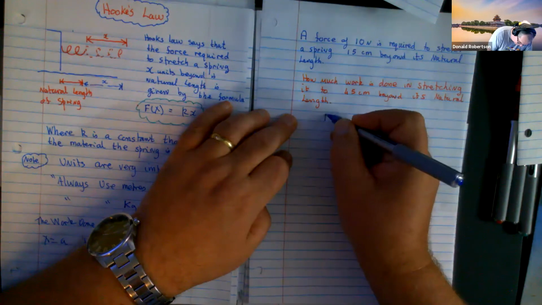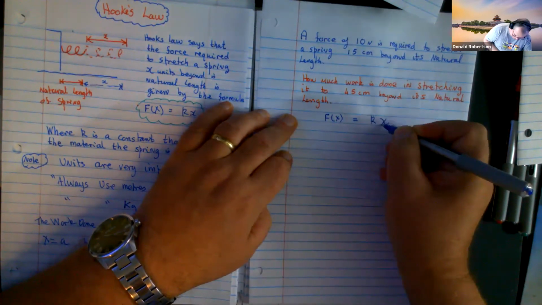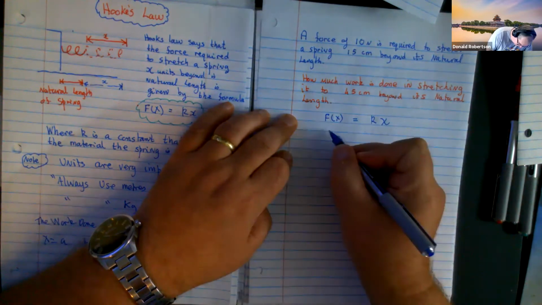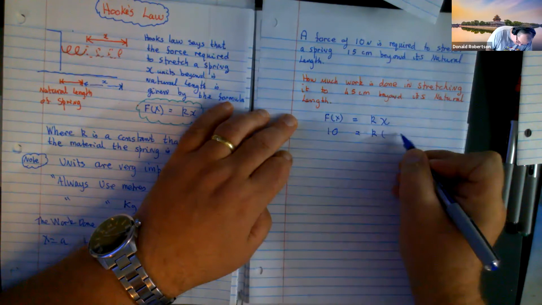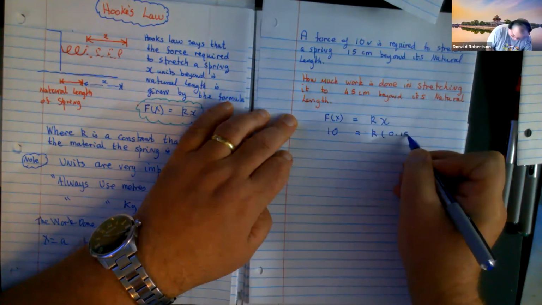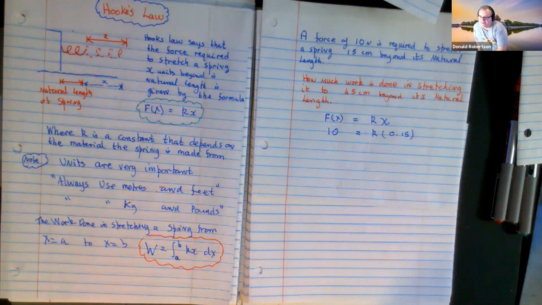So the force function, according to Hooke's law, is that the force is 10 newtons and K times 15 centimeters is 0.15 meters. Hopefully you've done enough chemistry and physics that you know how to turn centimeters into meters. Don't you just divide by 100?